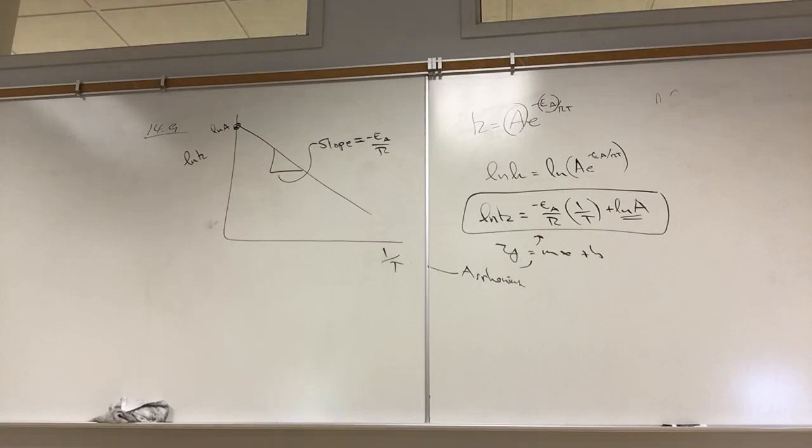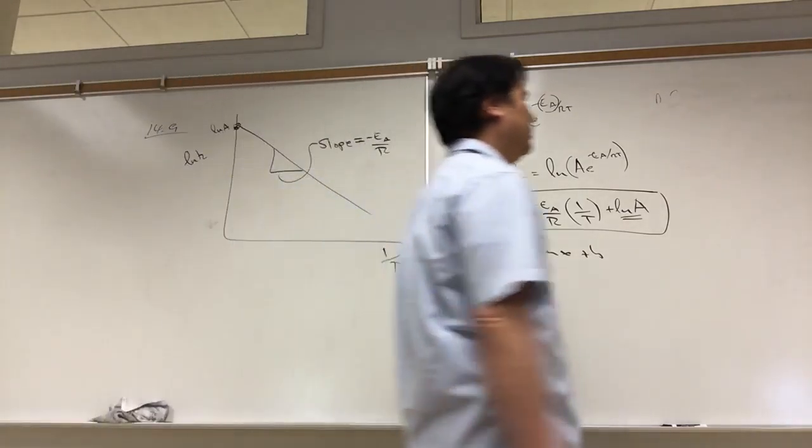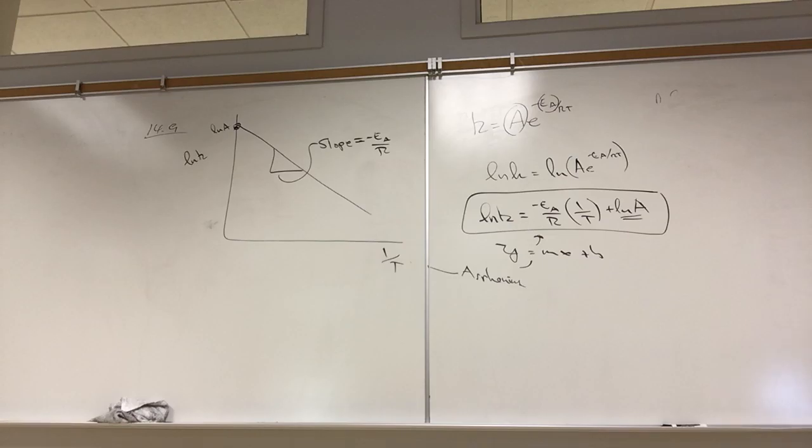The Clausius-Clapeyron equation has to do with vapor pressure. Do you remember the vapor pressure curves? They're curved up like that. Well, we can fit this. This equation can be fitted to a mathematical function.